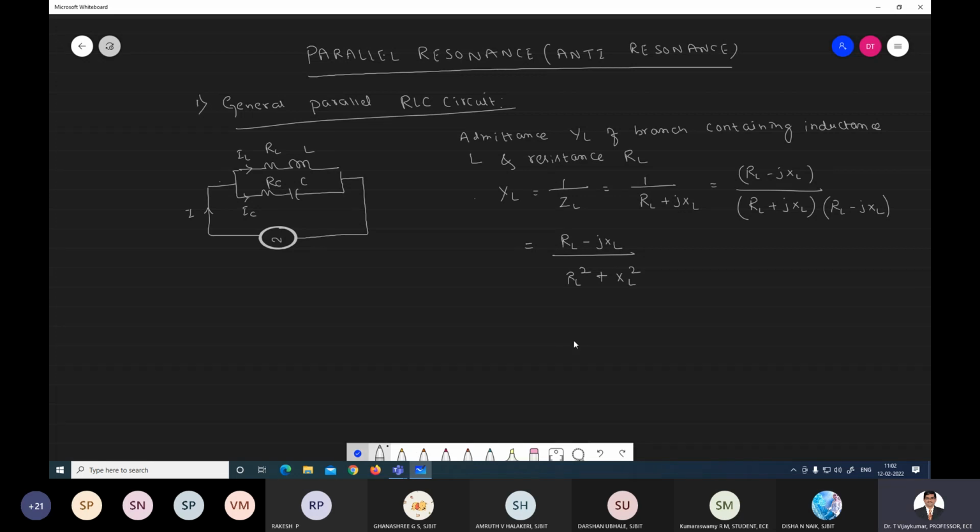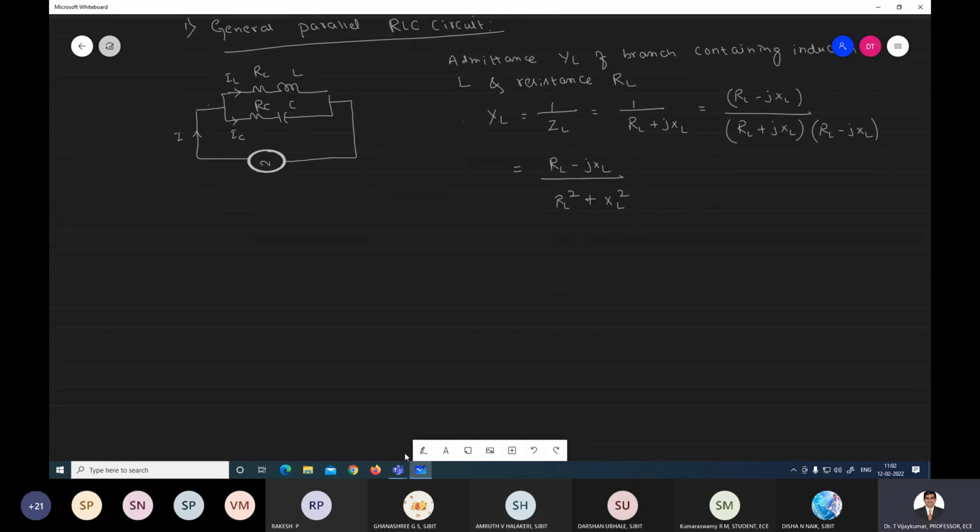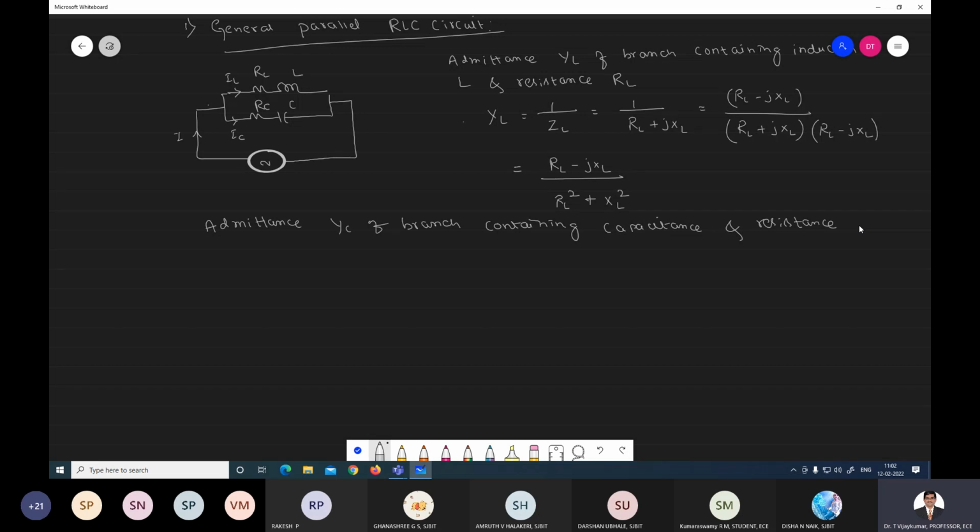Now calculate the admittance YC of the branch containing capacitance and resistance RC.